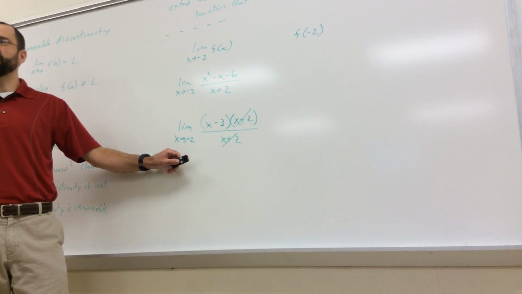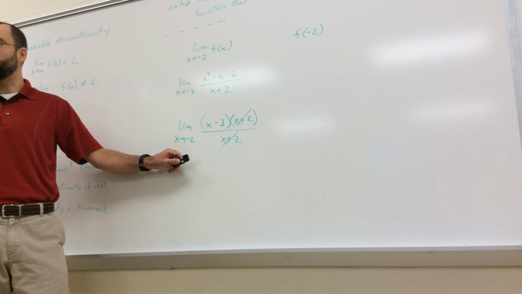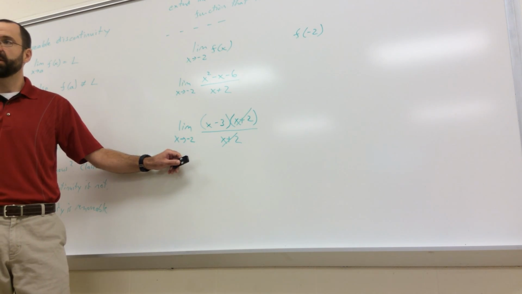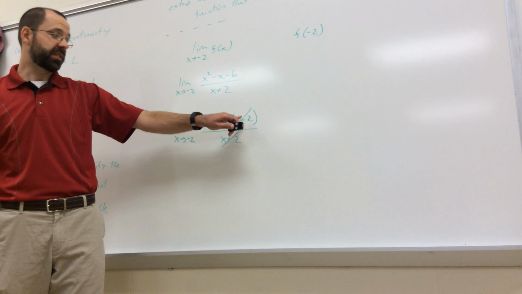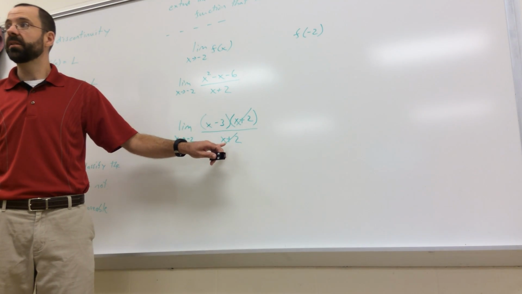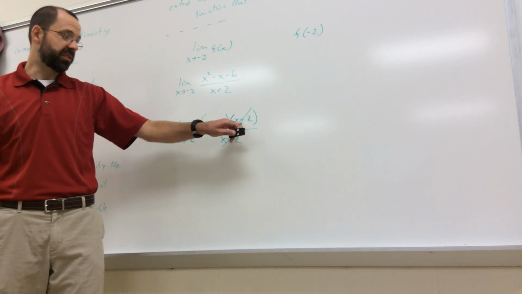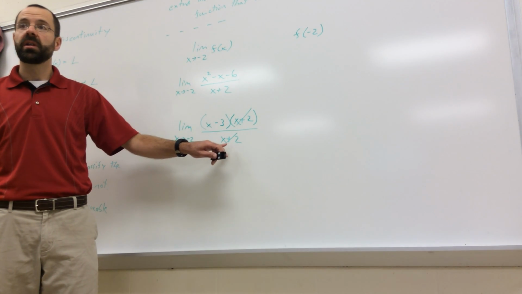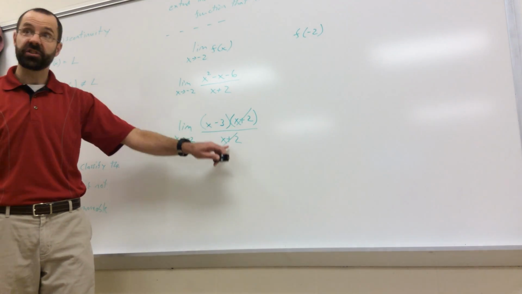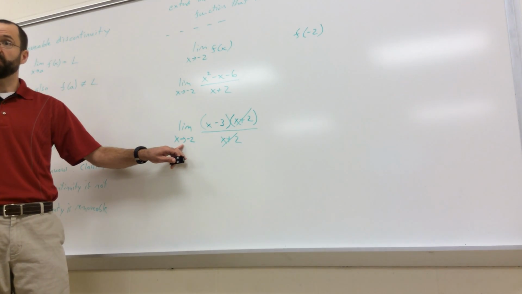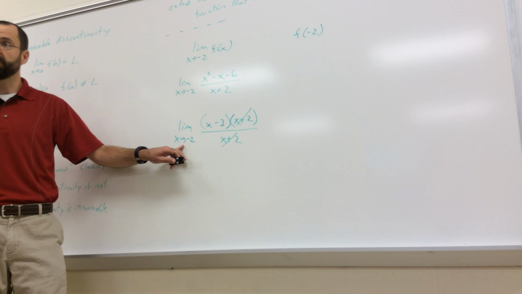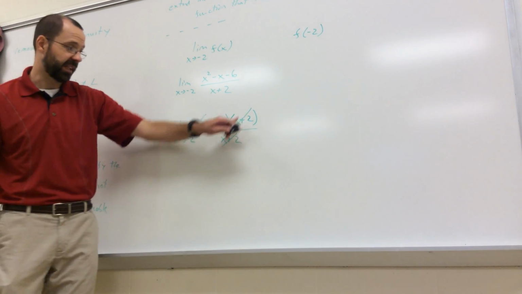And remember, we had a big philosophical discussion about whether you were always allowed to cross those out. The reason you're allowed to cross them out is because something divided by itself is 1. But it doesn't equal 1 when it's 0 divided by 0. But that's okay, because it's not 0, because x isn't -2. It's something close to -2. So we're definitely allowed to cross those out.